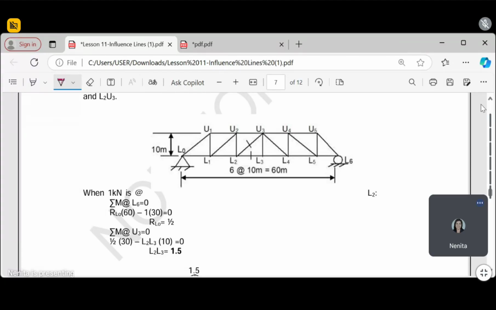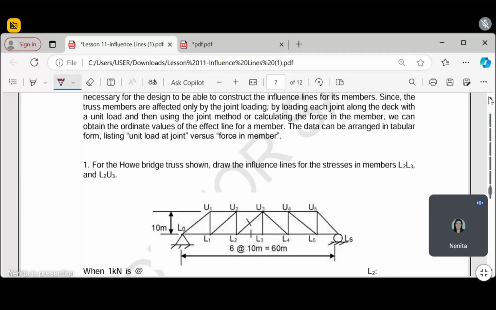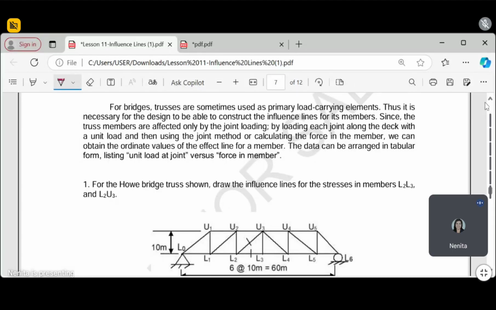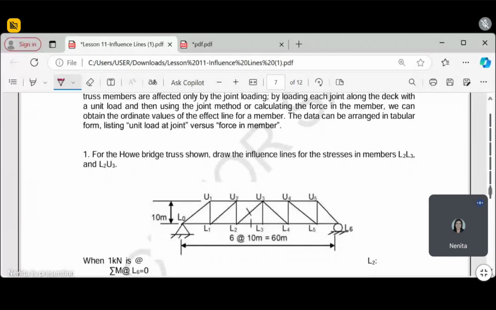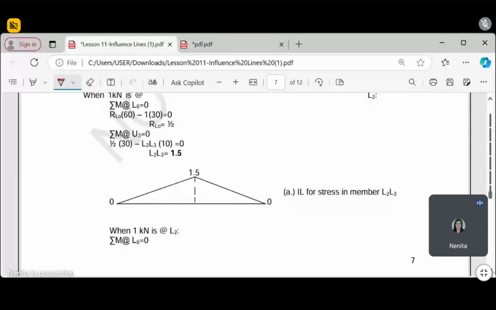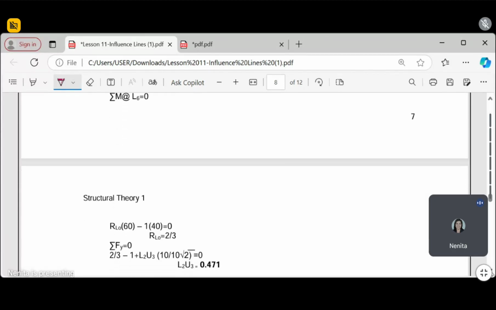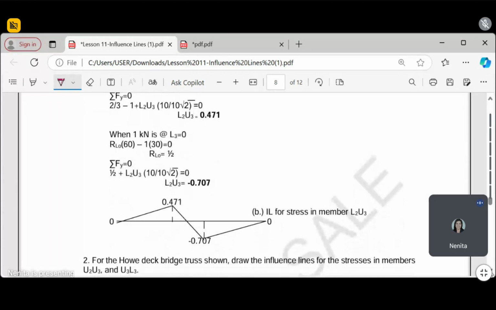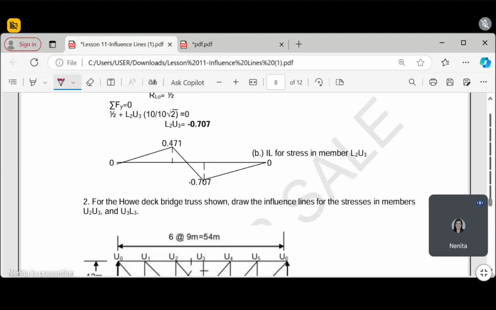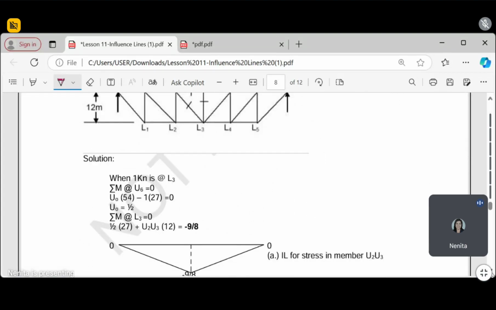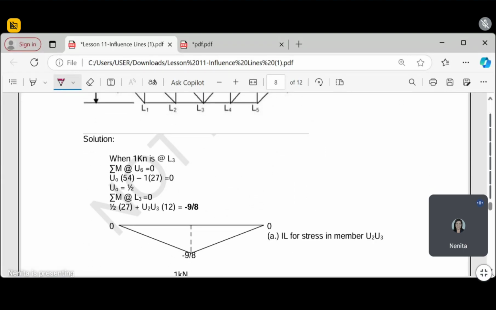I will give this to you, class, later. I think I will just give you the material, since you already know how to make it, so you can work on it yourselves. At least you'll know how to determine or construct the influence line diagrams for shear, moment, and reactions.